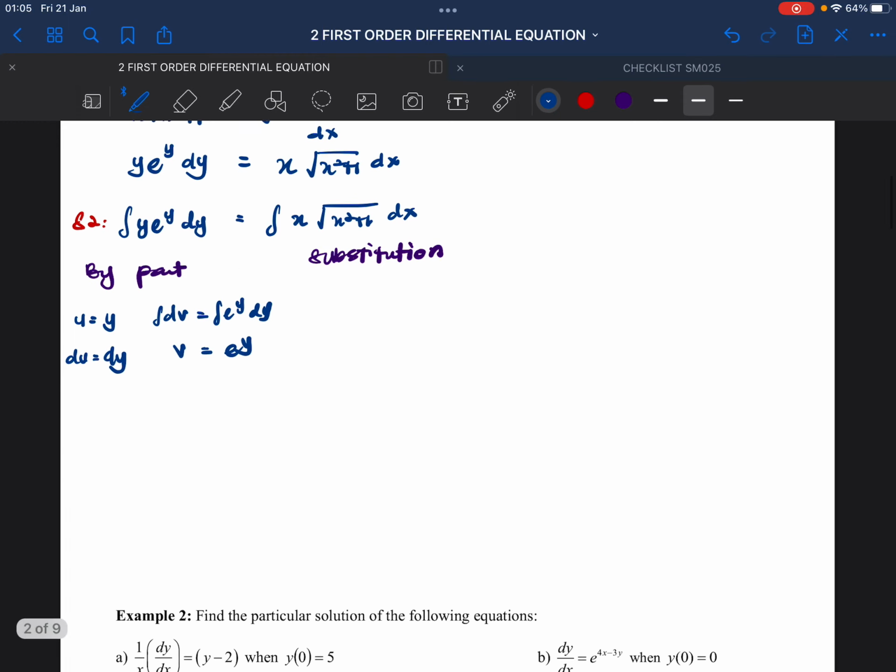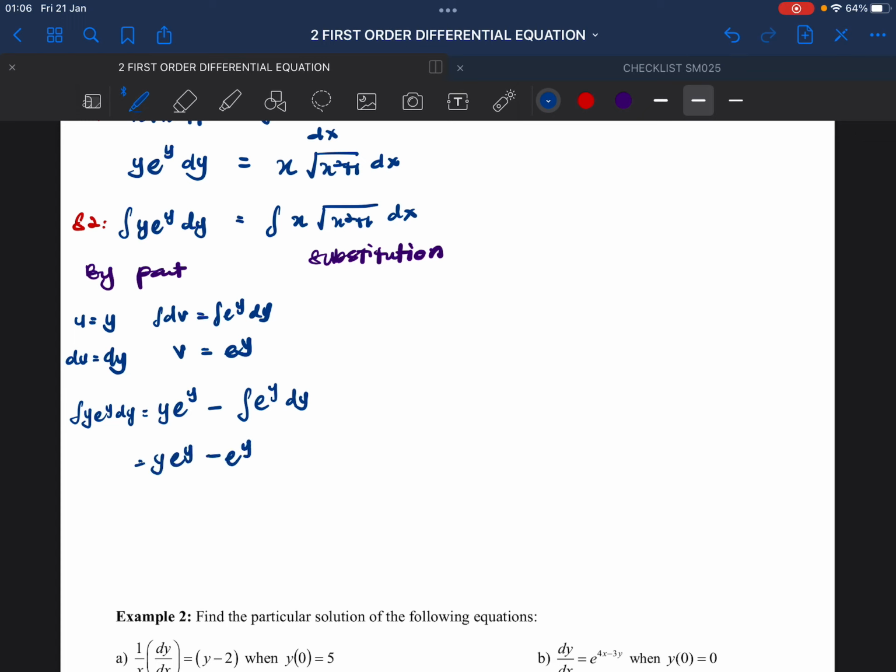So substitute into the formula: integrate y e^y dy is u times v, so we have y times e^y minus the integral of v du. So we should have y e^y minus e^y plus c. Okay, so that is your answer for the left-hand side.